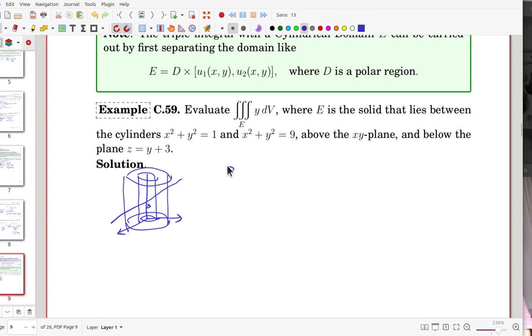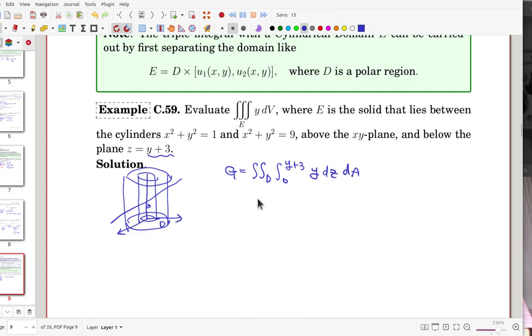Okay, so the given integral must be, now there is a 2-dimensional region, there is D, integral over D, and in the z direction, the bottom is 0, the top is y plus 3. And we have here y, and there is dz and dA. Right? Okay.